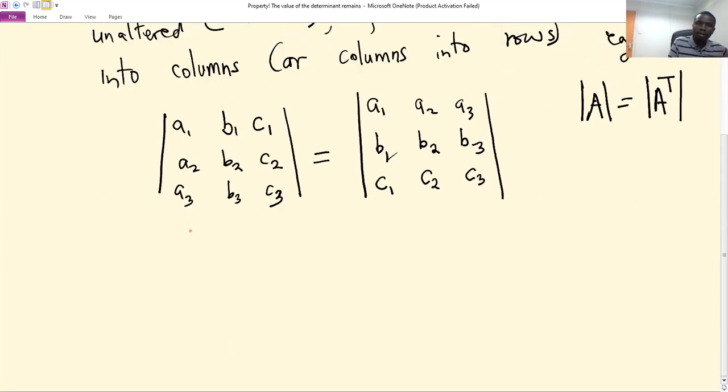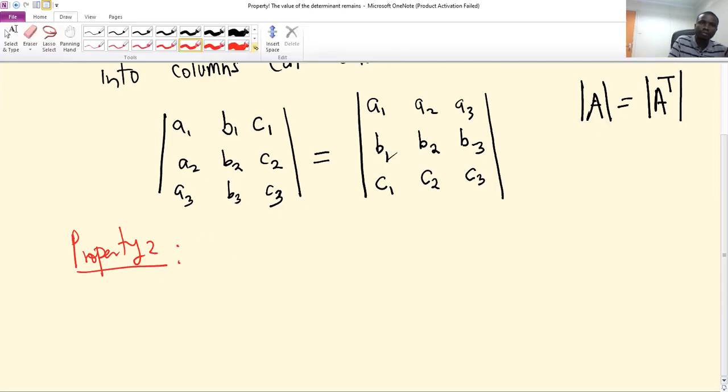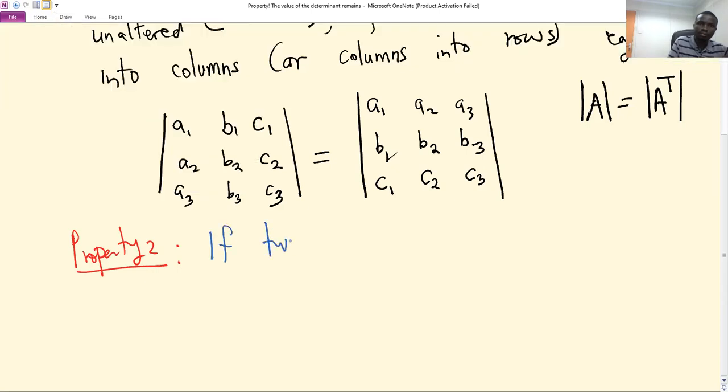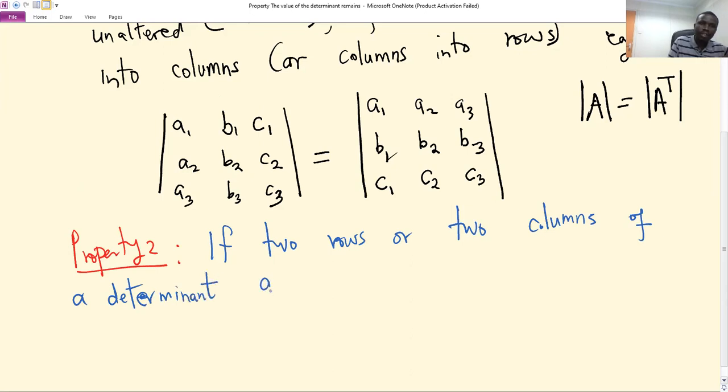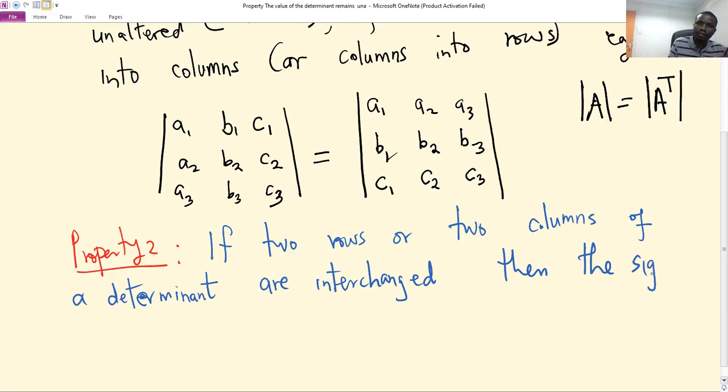Property 2: if two rows or two columns of a determinant are interchanged, then the sign of the value of the determinant changes.